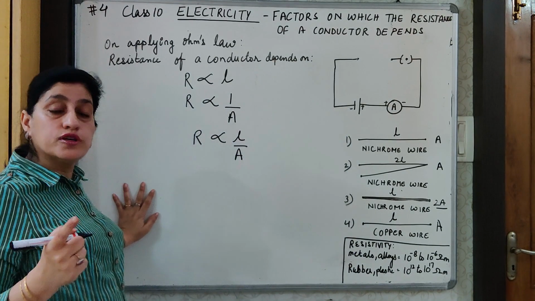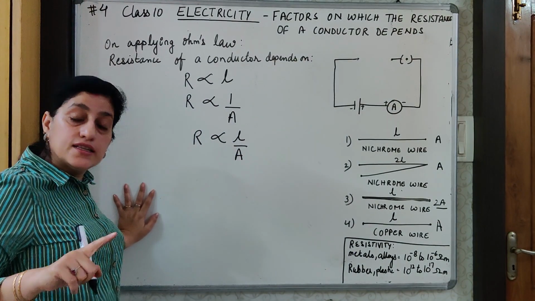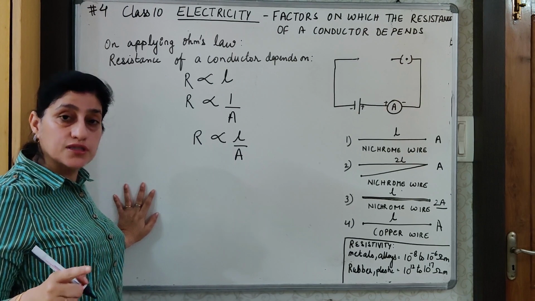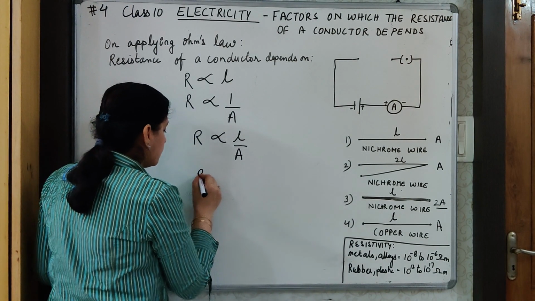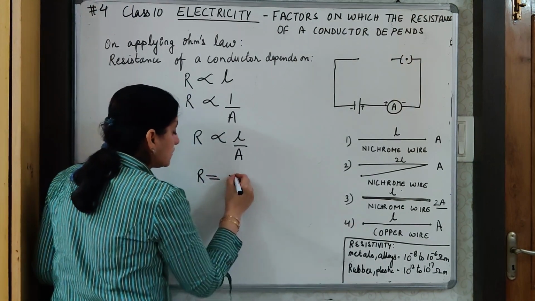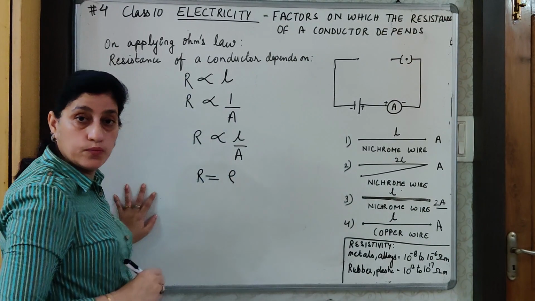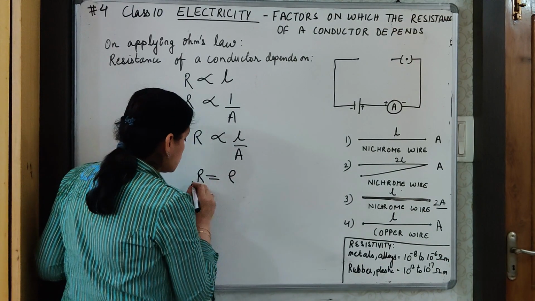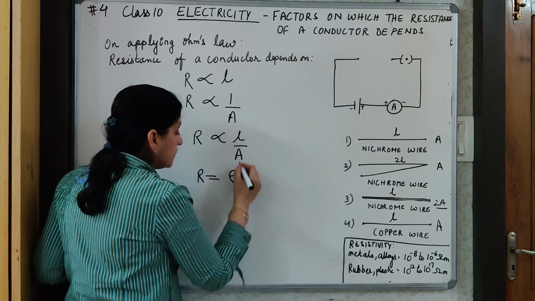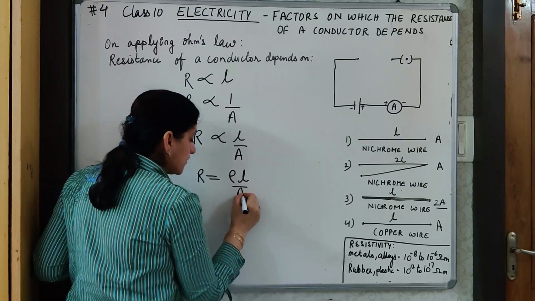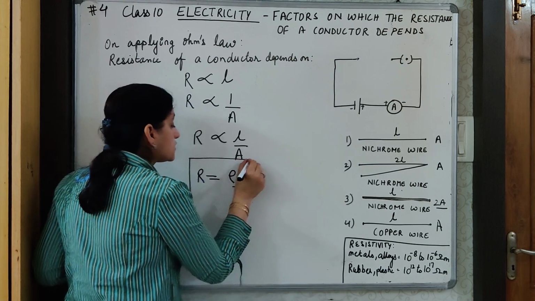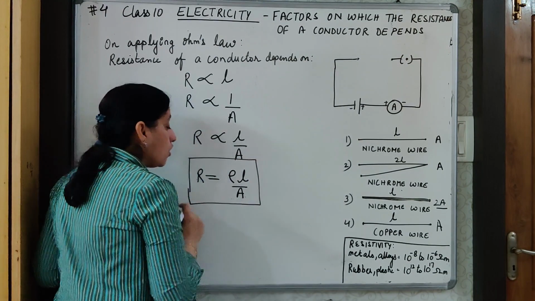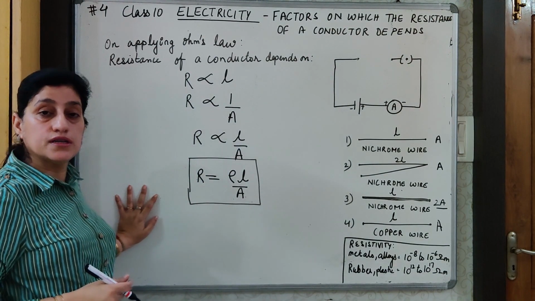Now we have to remove the proportionality sign, and this will be removed by applying the proportionality constant, which was found out and given the symbol rho. Okay, so R is equal to rho, then L upon A. This is the expression for the factors on which the resistance of the material depends.